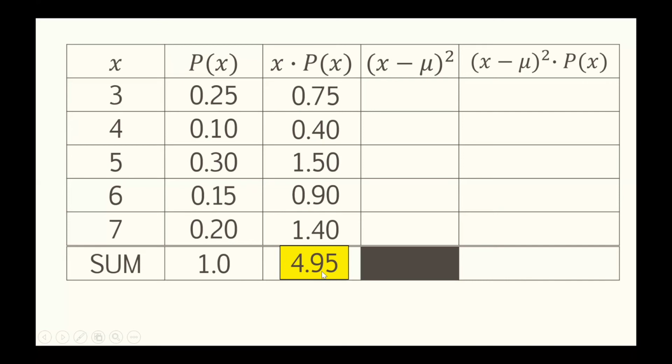Again, when we say getting the mean of a probability distribution, all you have to do is get the summation of the product of x and its corresponding probability. 4.95 is the mean. Next, for the variance, we have to compute first the square of the quantity x minus the mean, the mean that we got, which is 4.95.